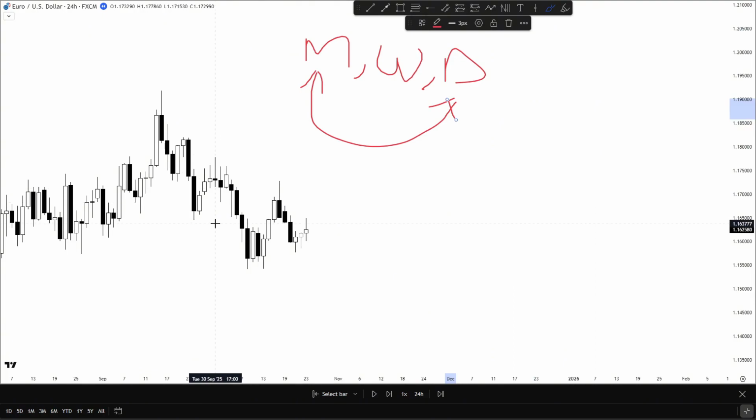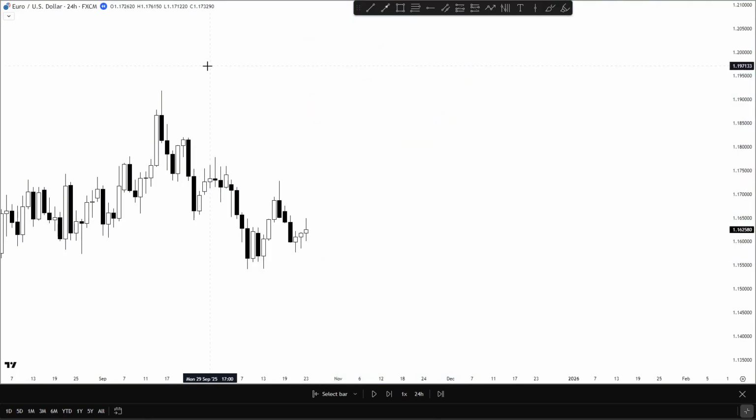I'll use it to show you how I reached a conclusion regarding the directional bias for the past week as a whole, and then each day separately. Okay, let's do this.